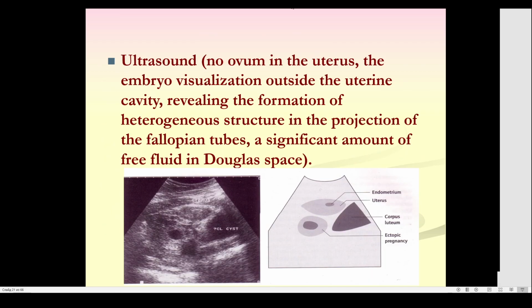Of course, the gold standard for diagnosis of ectopic pregnancy, of the different types of ectopic pregnancy, is ultrasound examination. In ectopic pregnancy, there is no ovum in the uterus, the embryo is visualized outside the uterine cavity, revealing the formation of a heterogeneous structure in the projection of the fallopian tubes, and a significant amount of free fluid in the Douglas space.